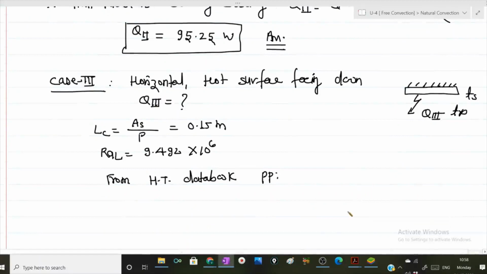So page number 137 and equation 2.1.2. So what is the expression for Nusselt number?